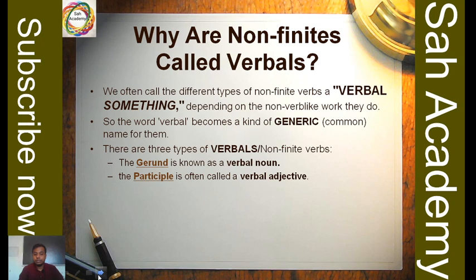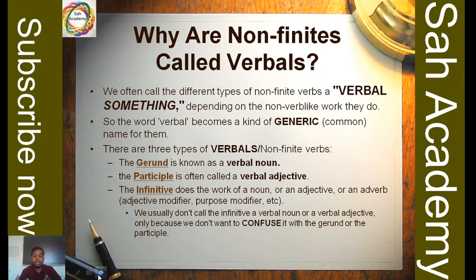We usually don't call the infinitive a verbal noun or verbal adjective only because we don't want to confuse it with the gerund or the participle. That's why we call them verbals.